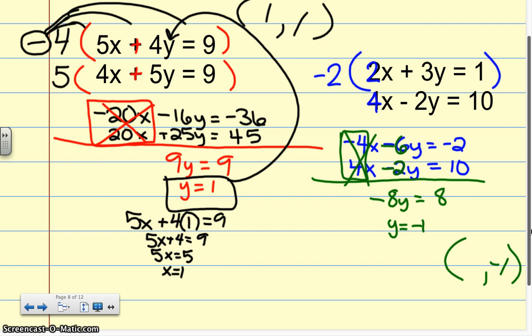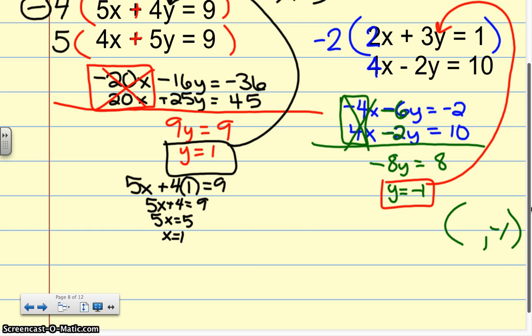Now I need to find my x. So I take my y, and I plug that in to one of my equations. Again, I usually do my top equation. And I get 2x plus 3 times y is equal to 1. 2x plus a negative 3 is equal to 1.